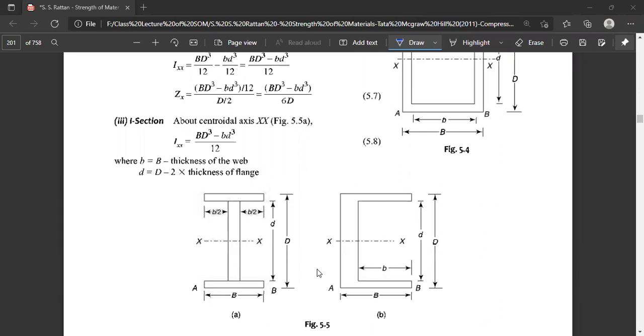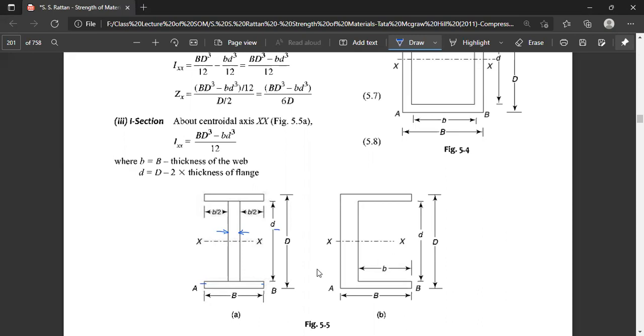Now about the central axis XX, we will follow more or less the same way. The width of the outer section, from this side to this side of the I section, is given as capital B, and small b is the width from this section to this section. The total depth is given as capital D. So the expression is BD cube minus bd cube divided by 12.